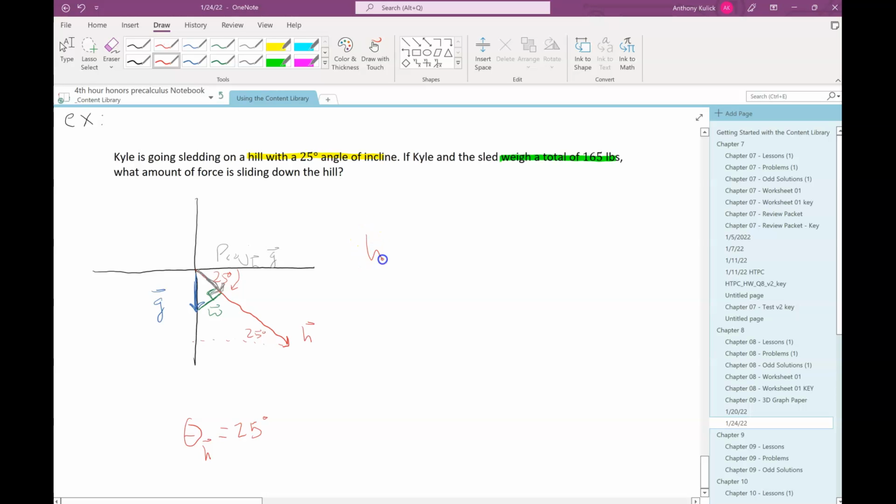So I'm going to start then by resolving my two vectors, G and H, into component form.